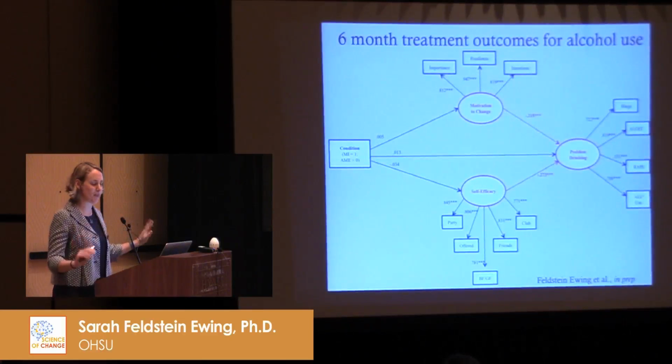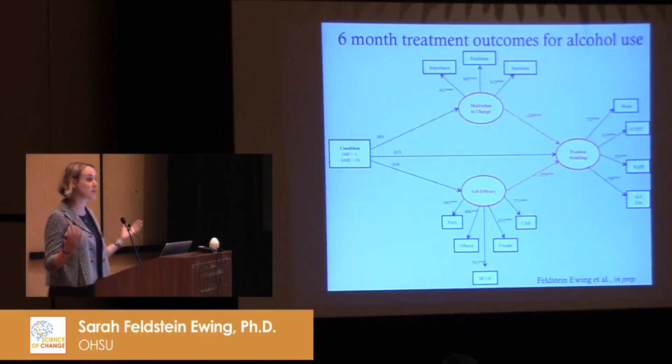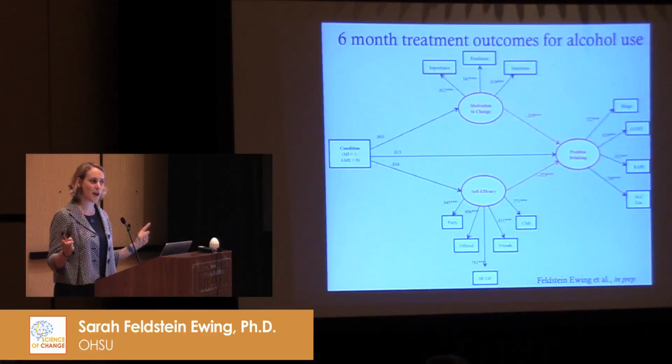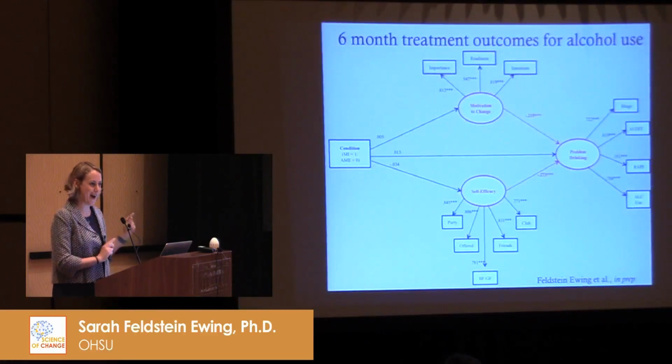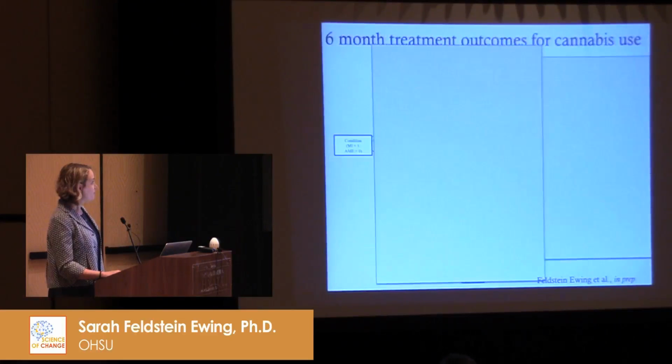And again, this is our first pass at the data. Interestingly, motivation to change at 3 months did lead to reductions in problem drinking and in the direction expected. Similarly, the self-efficacy change, or variation in that, led to reductions in problem drinking at 6 months. So we seem to have the mechanisms right, but we don't have how the treatment changes the mechanisms, or we're at least not in the first pass of our understanding of this.